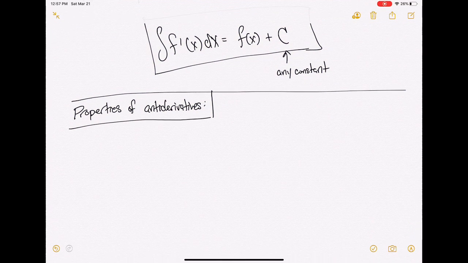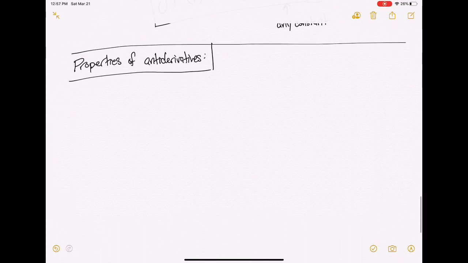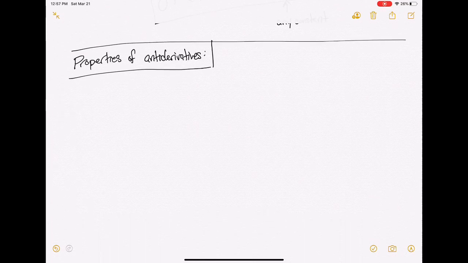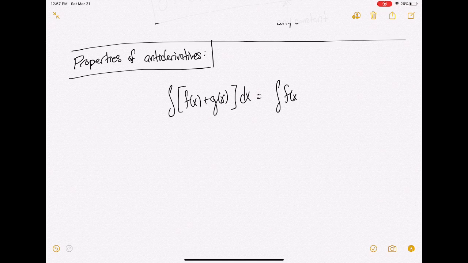Well, they're just the opposite of derivatives, so we have the very basic integral of f of x plus g of x dx. Put those in brackets. This is the integral of f of x dx plus the integral of g of x dx.